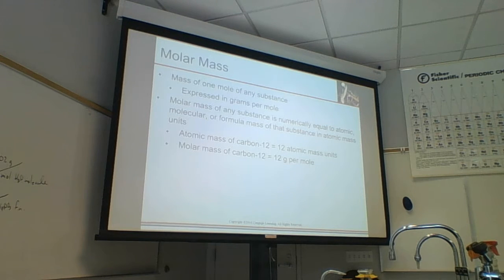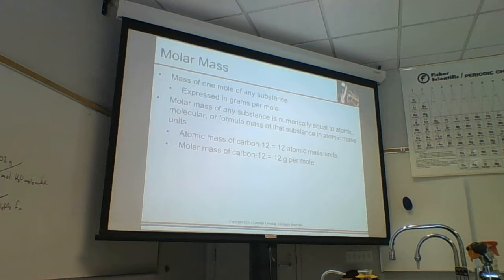And so to clear this up, sometimes instead of calling this atomic mass, I'm going to call this the isotopic mass. To be a little bit clearer, because this is the mass of a specific isotope. Isotopic mass. And so in other words, we have 12 U's worth of mass for every carbon-12 atom. Because of the mole relationship, this could be translated to there are exactly 12 grams in a mole of carbon-12 atoms.